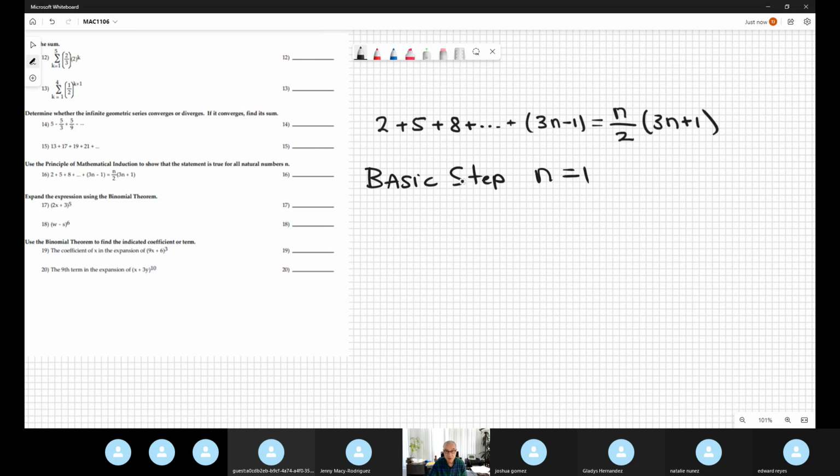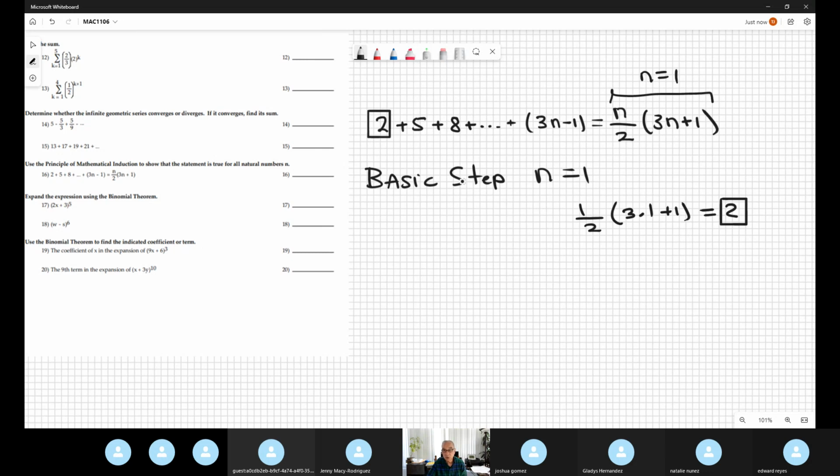So you replace n equal 1 here. So 1/2 times (3 times 1 plus 1). 3 times 1 is 3, plus 1 is 4, divided by 2 is 2, which is exactly the same as the first term. So when you plug in n equal 1, you get the first.